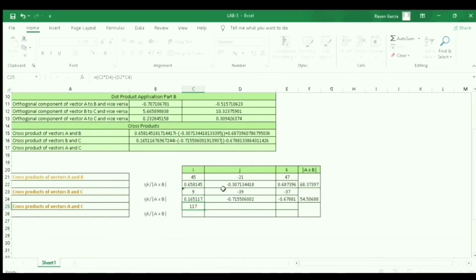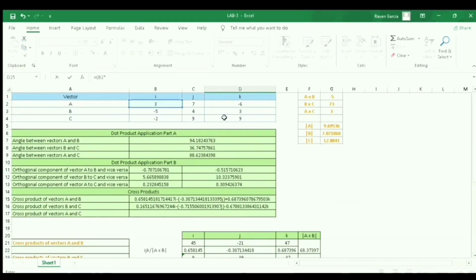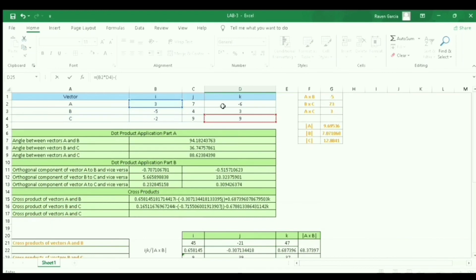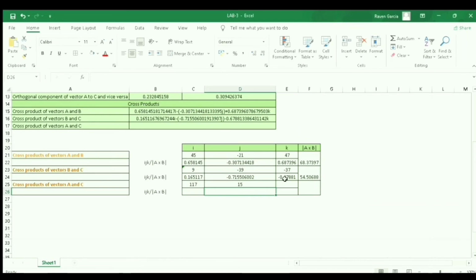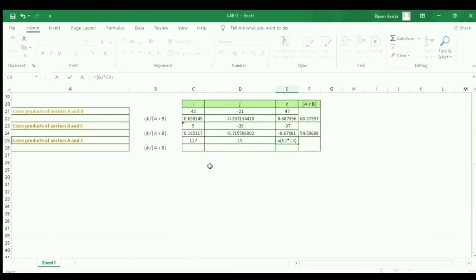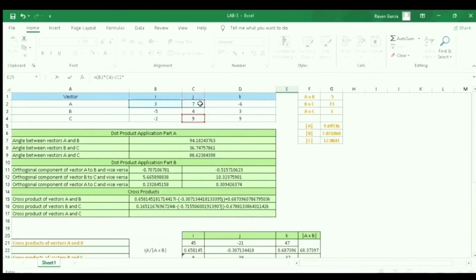In the same row, at column D, input the formula equals parenthesis B2 times D4 close parenthesis minus parenthesis D2 times B4 close parenthesis, and the answer is 15. For the next column E, input the formula equals parenthesis B2 times C4 parenthesis minus open parenthesis C2 times B4 close parenthesis, and the answer is 41.